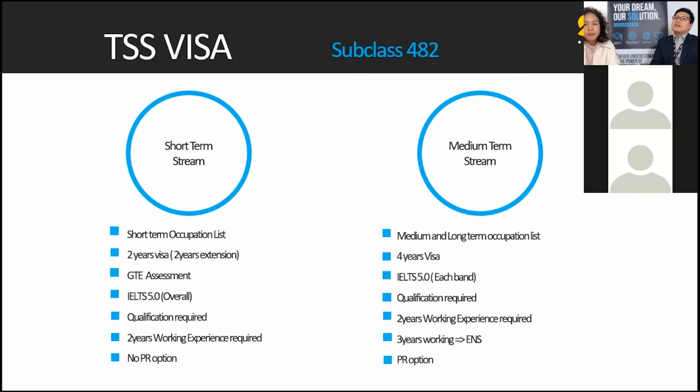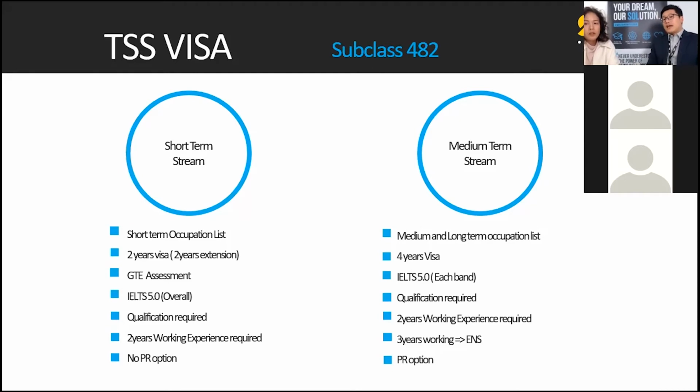This visa is 4 years, and you are required to have IELTS 5.0 in each band. You also require the relevant qualification, if you don't have enough work experience to replace your qualification. You also require 2 years of working experience. We will discuss this at the next stage.